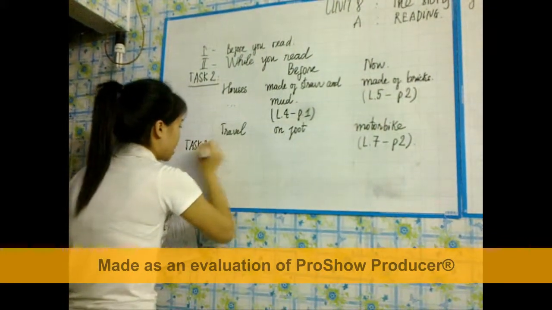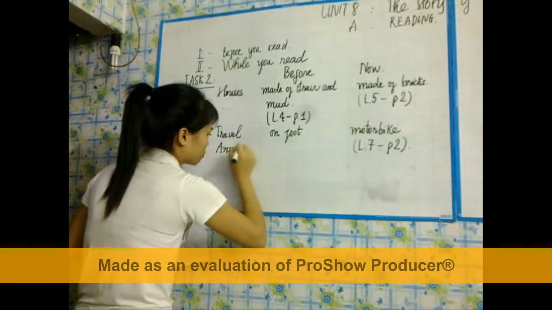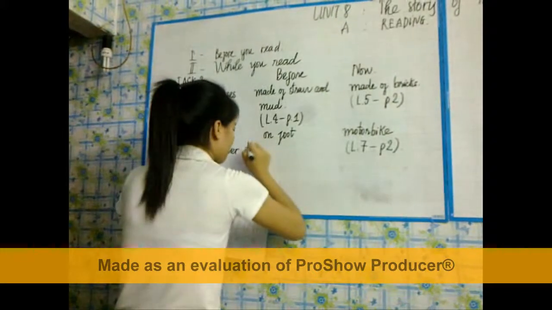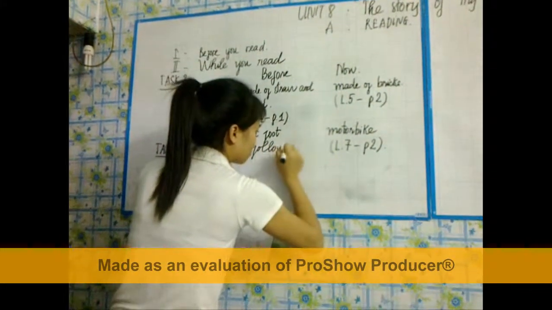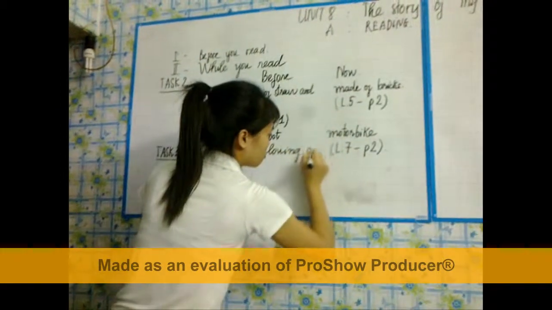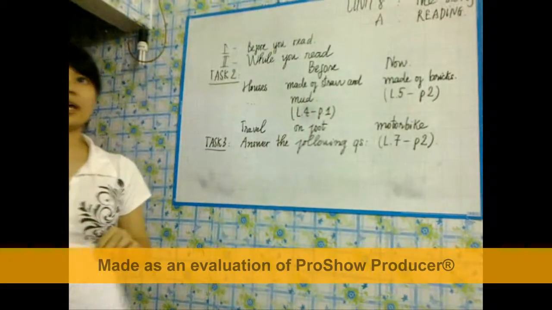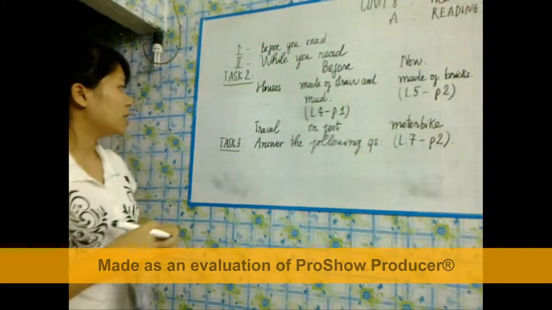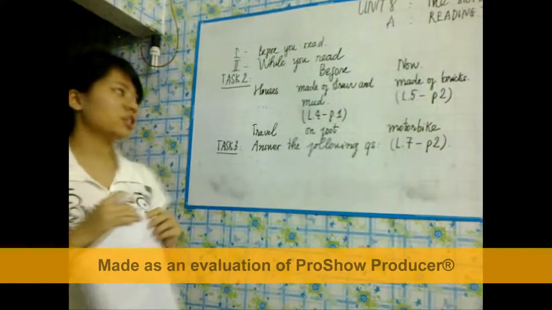Task 3. Answer the following questions. How many questions are there in task 3? Yes, five questions.